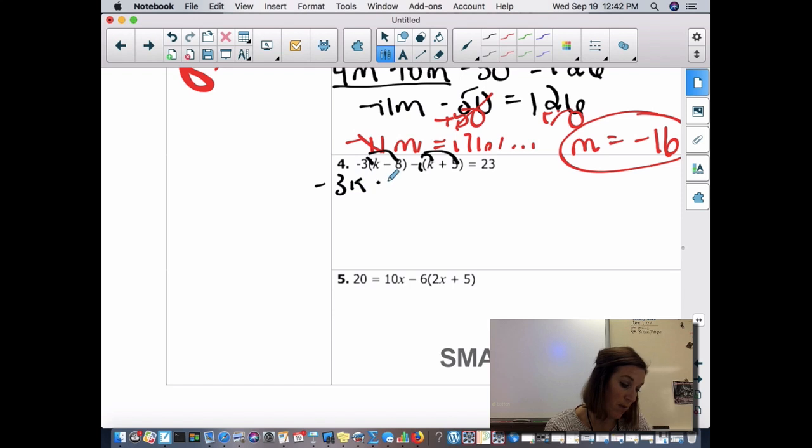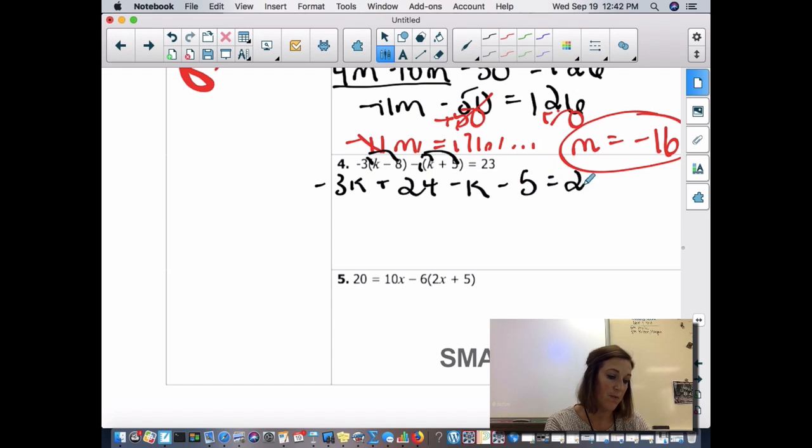-3k plus, because it's a -3 and a -8, so plus 24. Then -1 times k, so minus k. -1 times 5 minus 5 equals 23. Combine like terms.